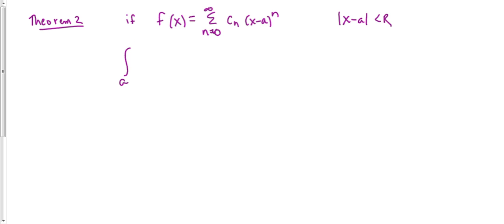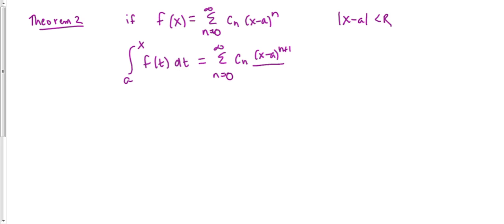The integral from a to x of f of t dt is equal to the summation from n equals 0 to infinity of Cn times (x minus a)^(n plus 1) all over n plus 1, and it's going to be on that same interval.